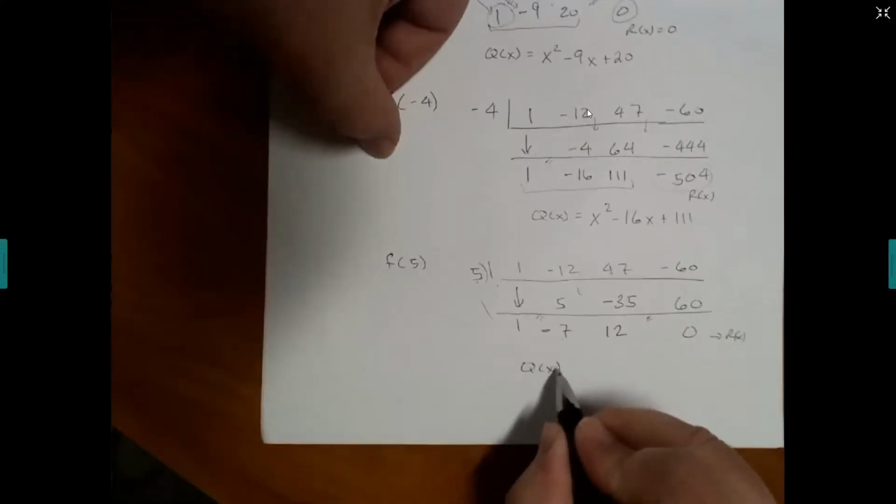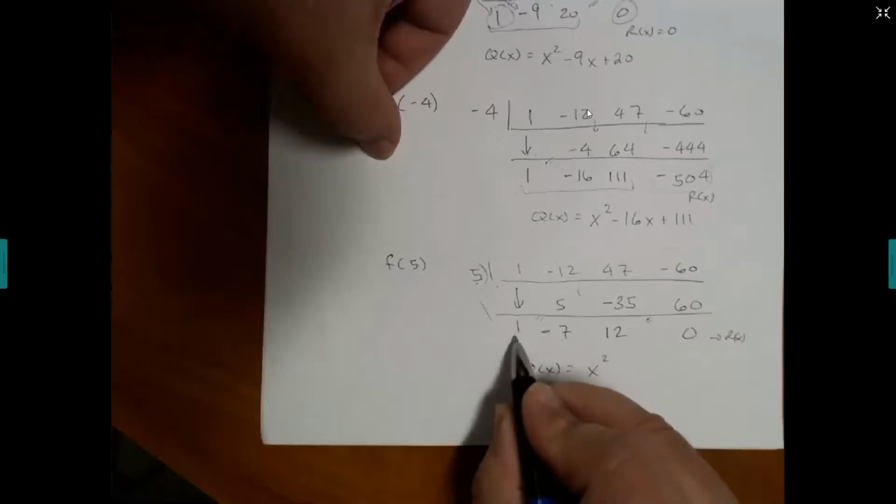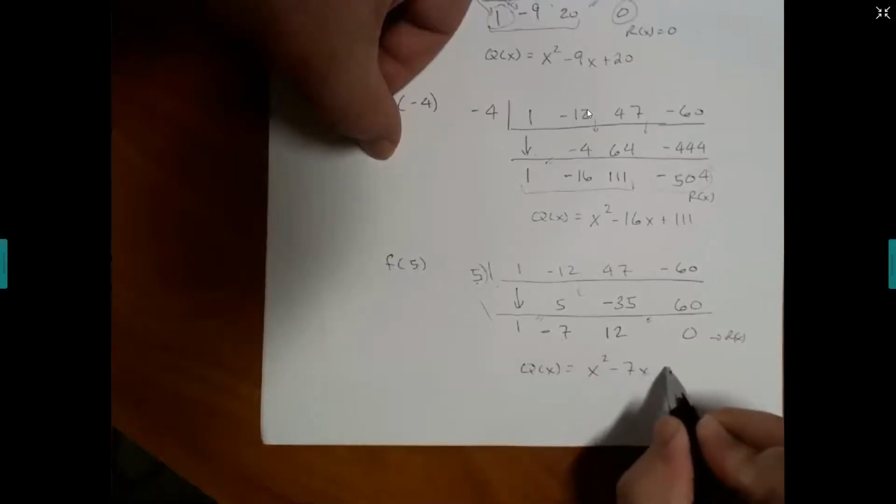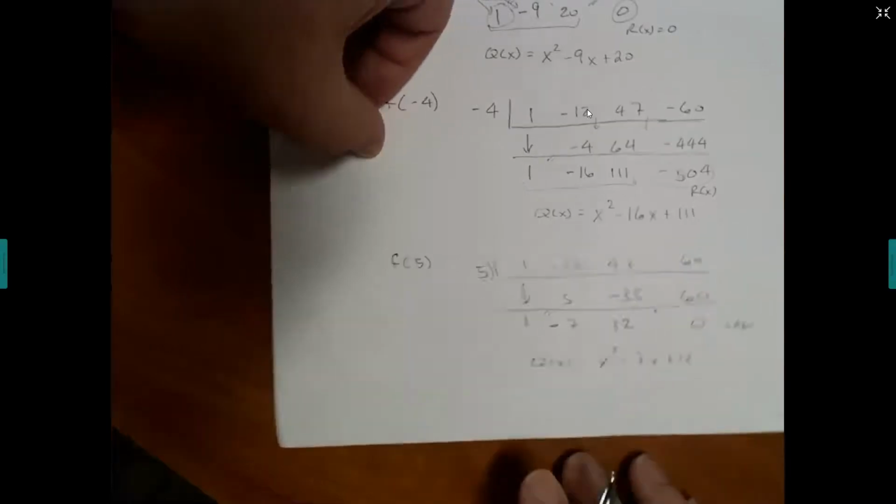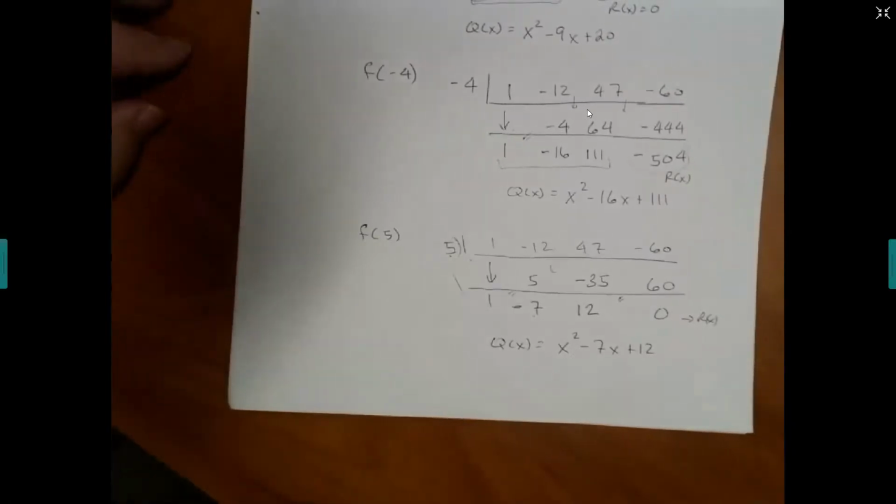So my Q of X is X squared minus 7X plus 12. So far, so good.